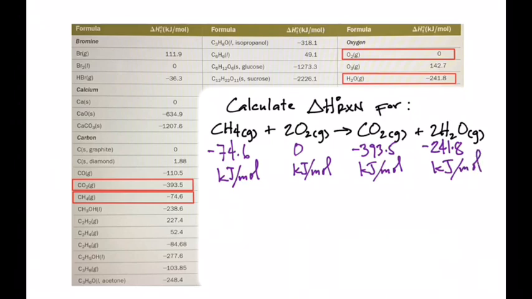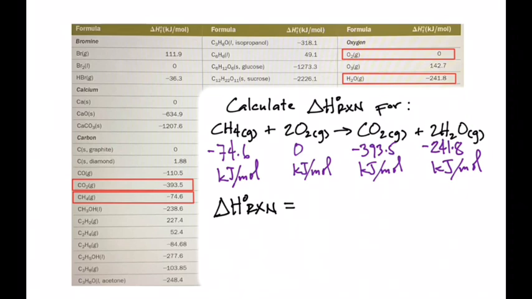So now, in order to calculate delta H of reaction, all you have to do is add up all the values for the products, and then subtract all the values from the reactants. So basically products minus the reactants.